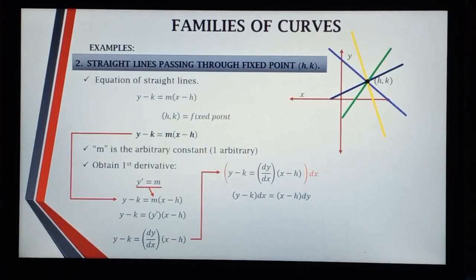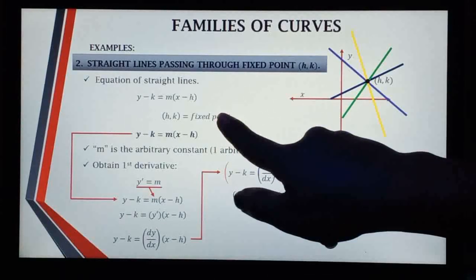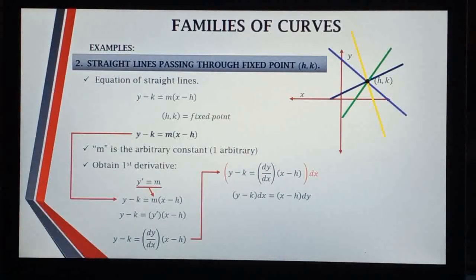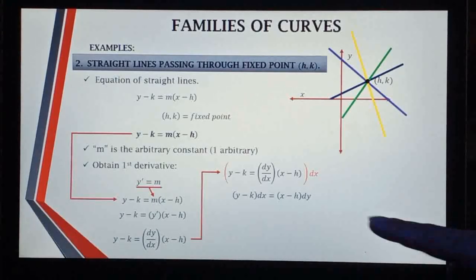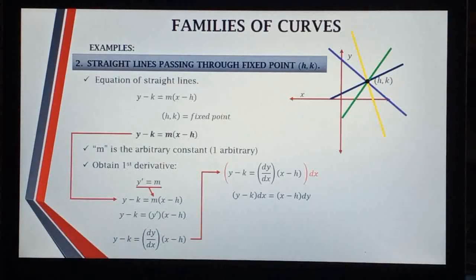Hindi mo kailangan eliminate si h saka si k kasi fix yung value niya. So, hindi siya considered as arbitrary constant. So, meaning to say, this is your differential equation. All you have to do is to simplify.